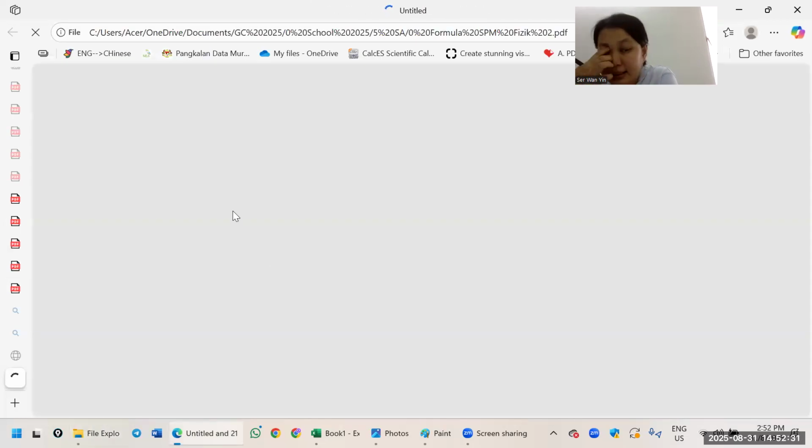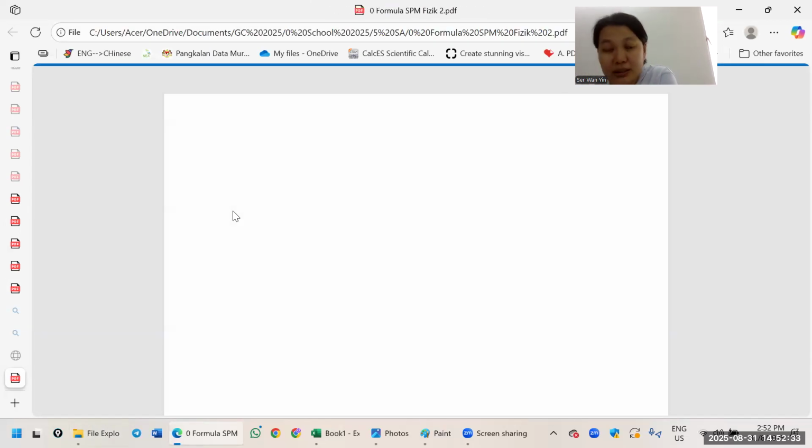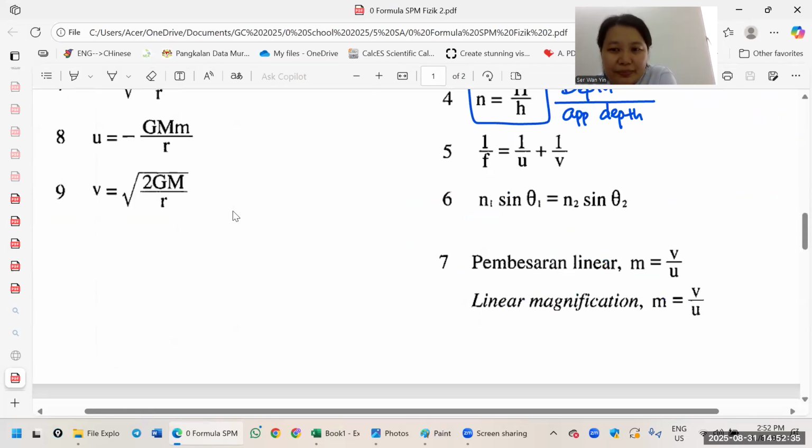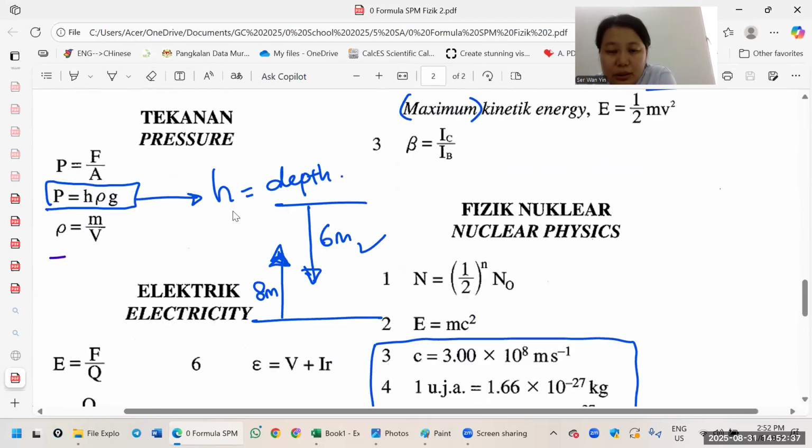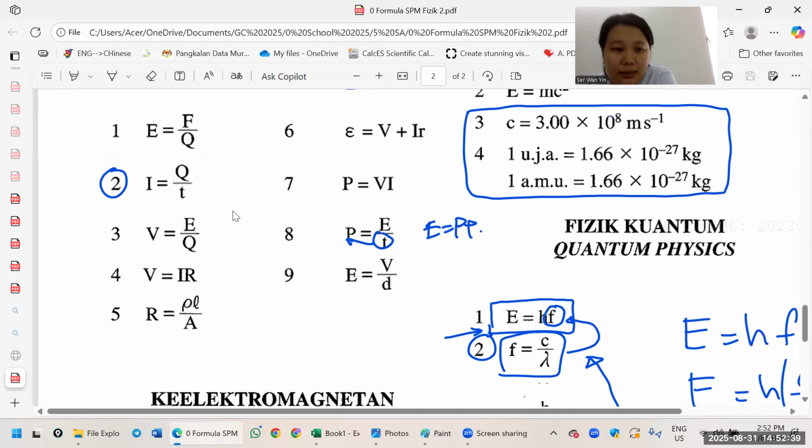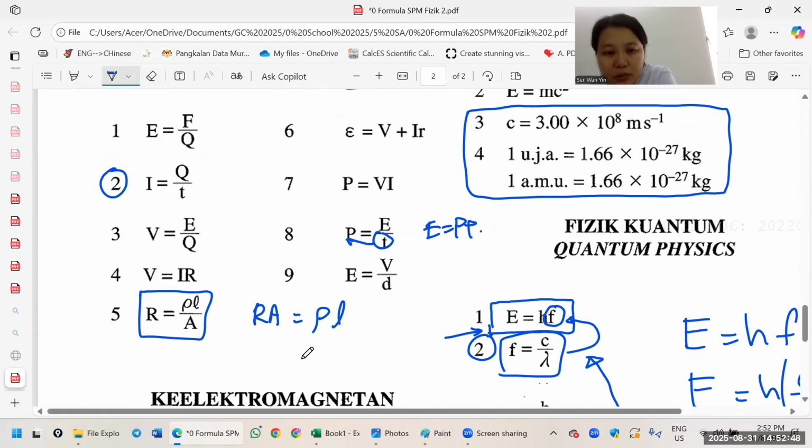Didn't check formula, too confident. So I hope you check formula. R equals rho L over A. So RA equals rho L. Rho equals RA over L.